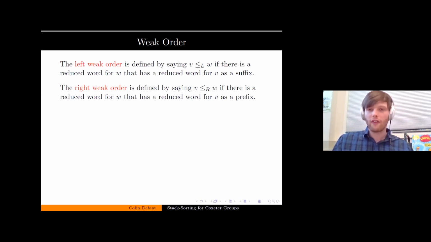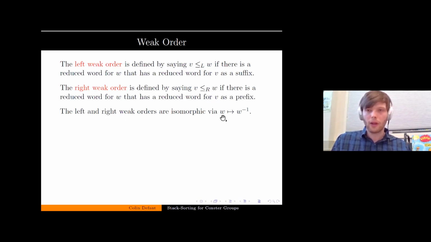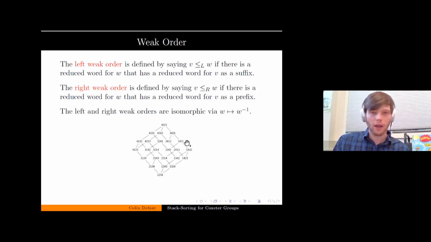We just replace the word suffix by the word prefix. So V is less than or equal to W in the right weak order if there is a reduced word for W that has a reduced word for V as a prefix. And these two partial orders are isomorphic to each other as posets, because there's this simple isomorphism between them that just sends each element to its inverse in the group. This is a picture of the left weak order on S4.